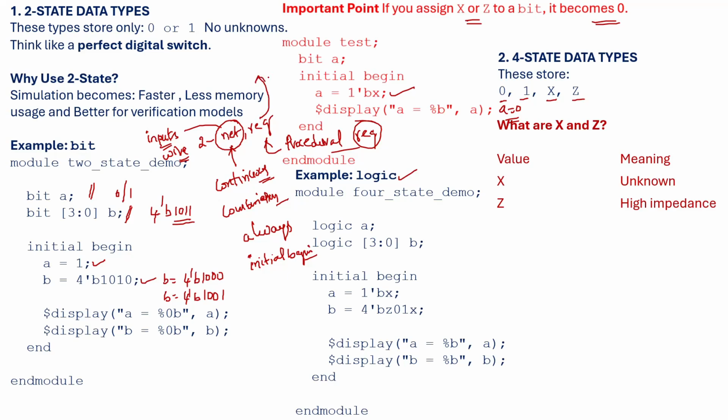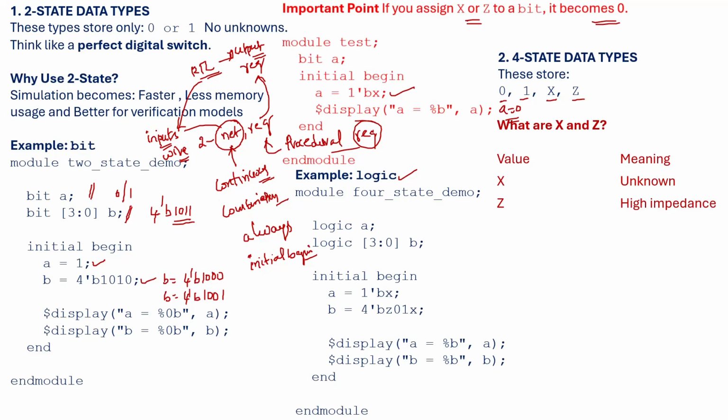And the outputs use the reg type, which is the sequential assignment. So from the RTL perspective, inputs are implemented as wire type and outputs as reg type.